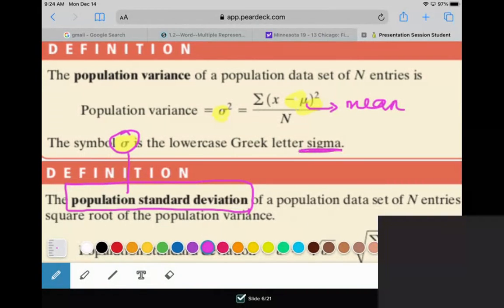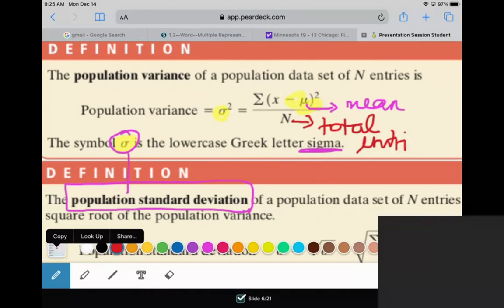It's called sigma. It looks like an O. Okay. This N right here, the capital N, represents the total. That means how many entries are given to you. In the last example we worked on, the N will be 10 because there's 10 people.